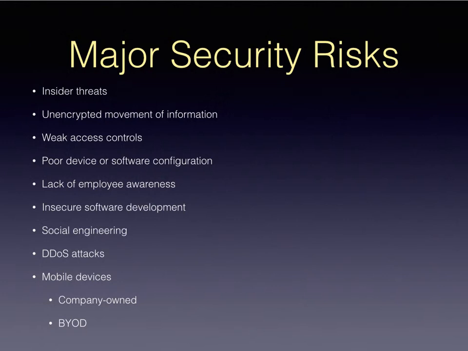Unencrypted movement of information. This includes information on mobile devices, which is our last item here on our list, and information between business partners in our organization. Weak access controls. Are our access controls, both for devices, for applications, services, for users, human users, are they strong enough given the criticality of the system and the sensitivity of the data?